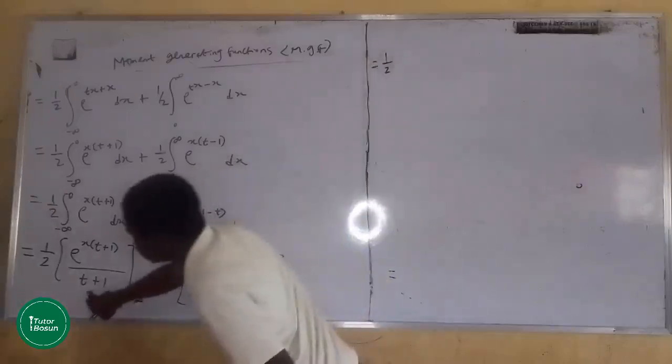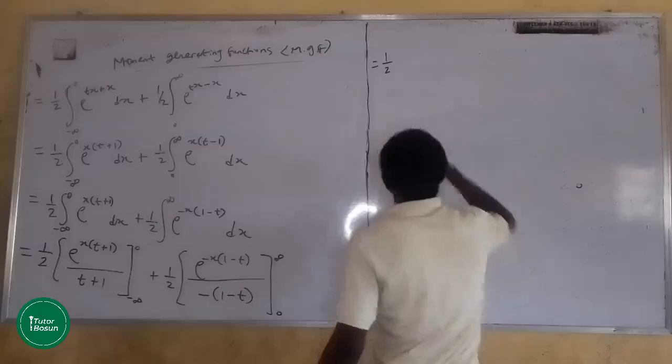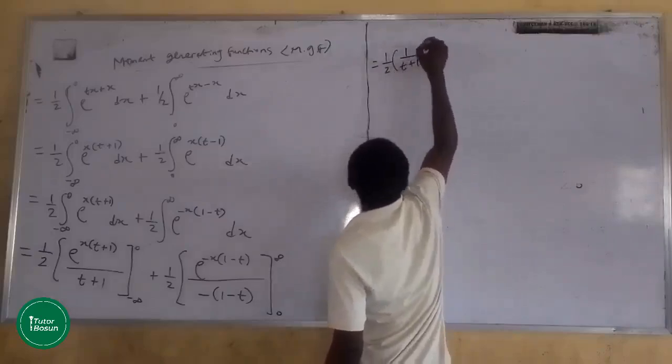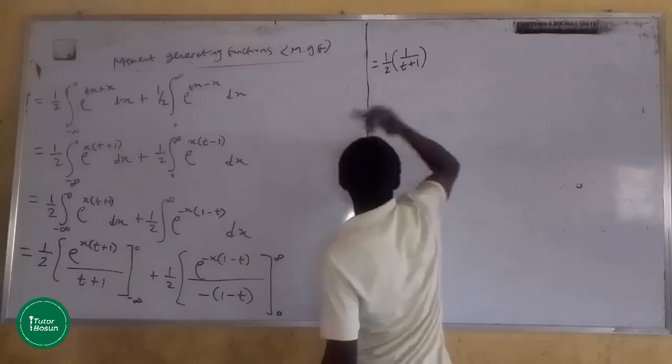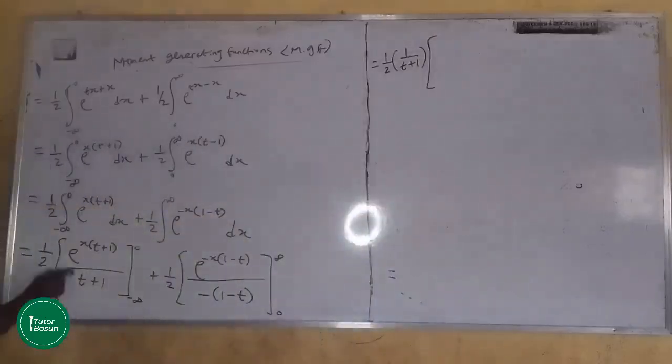We can also decide to bring out t plus 1. So we have 1 over 2 into 1 over t plus 1. Then we introduce the boundary condition into exponential x times t plus 1.